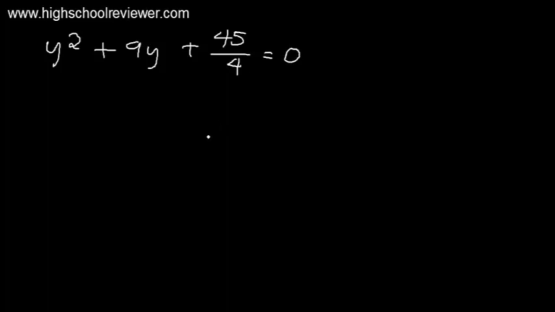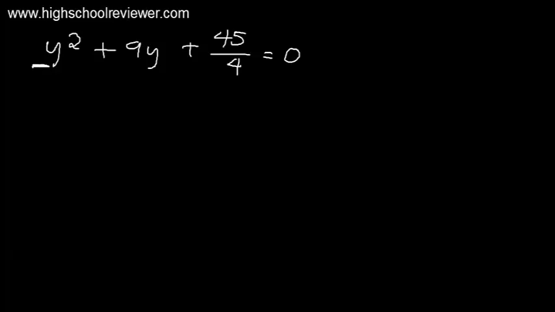Solving quadratic equations by completing the square. Next problem. We have y squared plus 9y plus 45 all over 4 equals 0. To solve this quadratic equation by completing the square, first we need to check if there is a numerical coefficient before our first term.